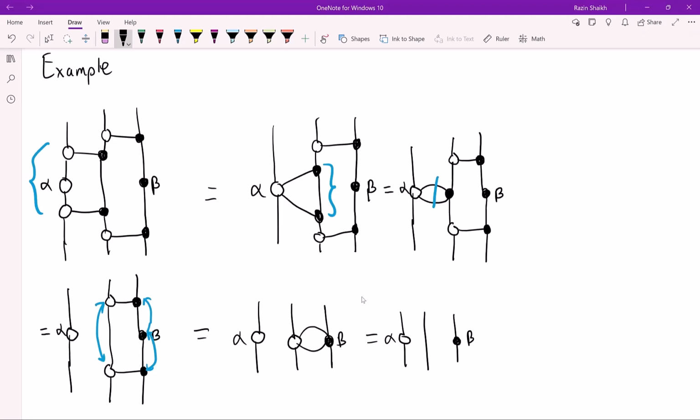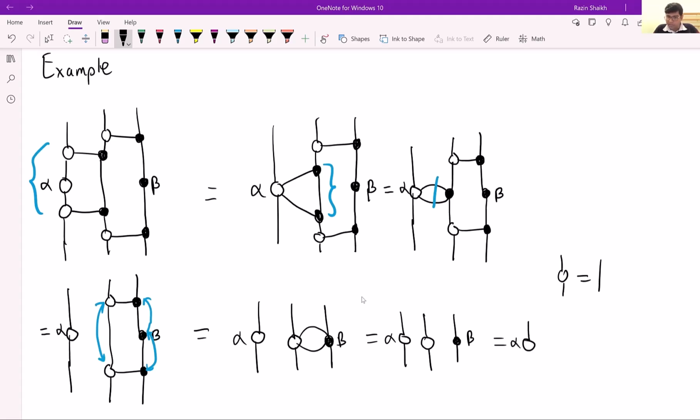Sorry, please. How did we lose the middle spider? Because I'm no more seeing it. We only have a line. Okay, you mean the middle spider over here? Oh, okay. So yeah, there was a middle spider here, like this, that we still have after leg chopping. But we know that whenever we have a spider with 1 input, 1 output, that's just a wire.